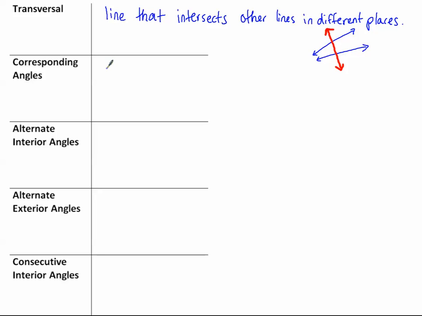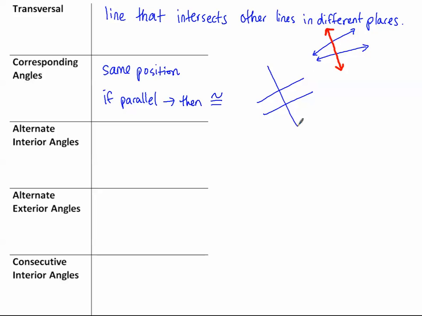The corresponding angles are angles in the same position. If the lines are parallel, so if we're using parallel lines, then these angles are congruent. So parallel leads to congruent. So if we have parallel lines, transversal, these are the corresponding angles, or they're one pair anyway, and those are congruent.